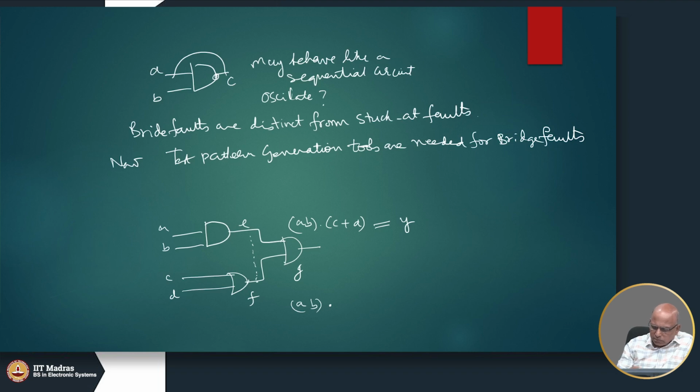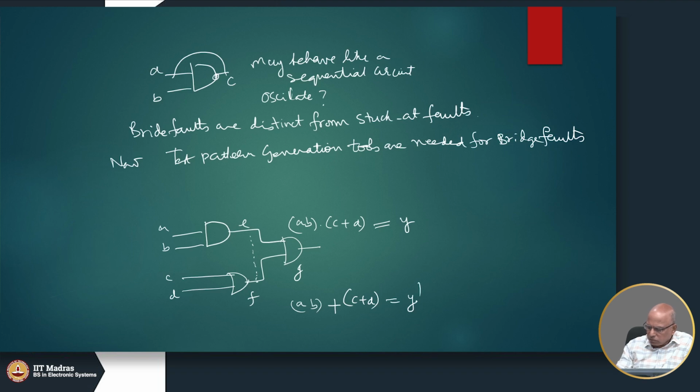Whereas an OR bridge will produce something different: AB plus C plus D. So E will be AB and F will be C plus D. The fictitious OR gate will produce this, and the same output will go to both of these. So G will be this. This is the faulty circuit.